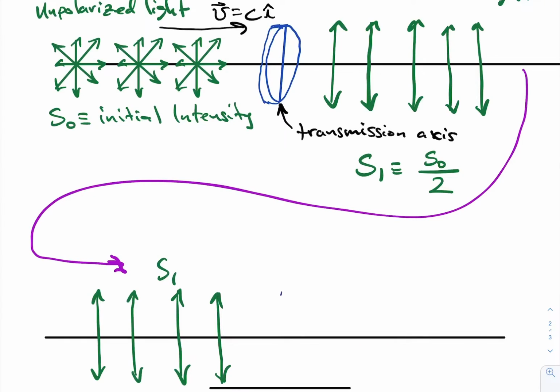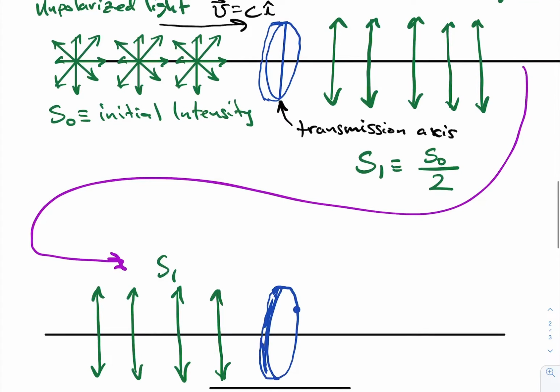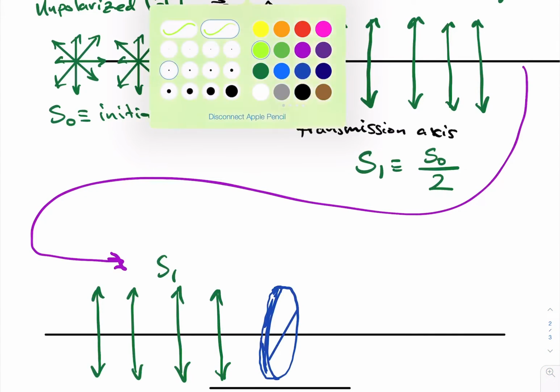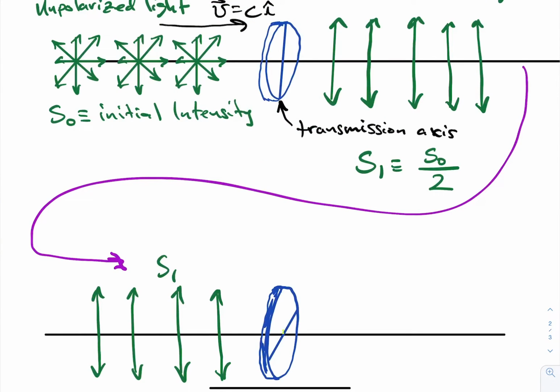And so we'll draw another polarizing lens. And that polarizing lens will have a transmission axis like so. And so now you can see, I'll try to do this in a different color, that was our initial transmission axis.